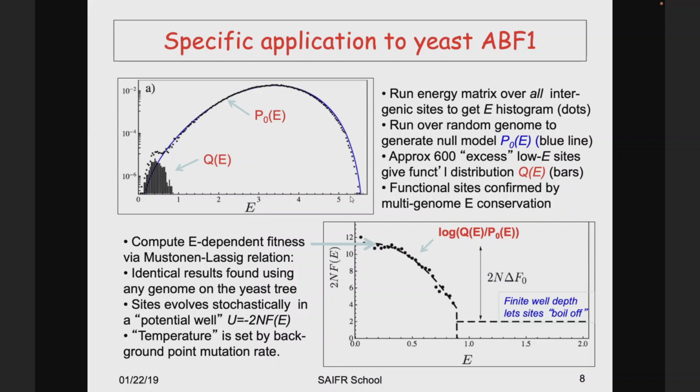Since you're getting an increased number of sites in this slice between 1 and 0, there must be an increased fitness. The fitness function must be greater than 1, and here it is, plotted. The lowest energies have the highest fitness, and it falls off and eventually reaches some constant.